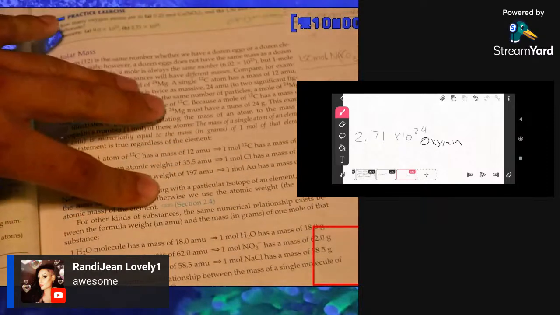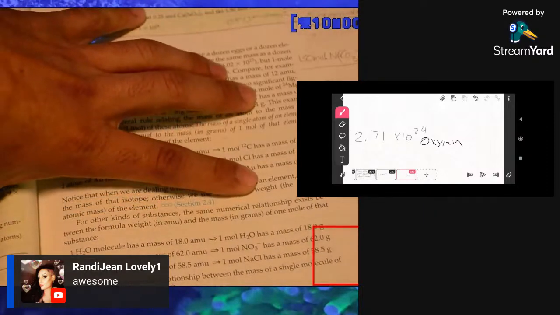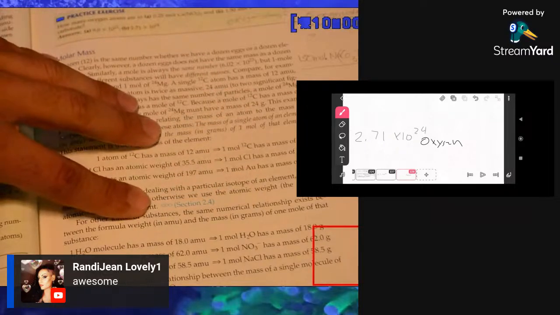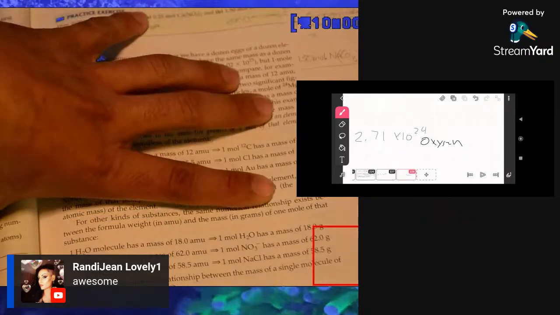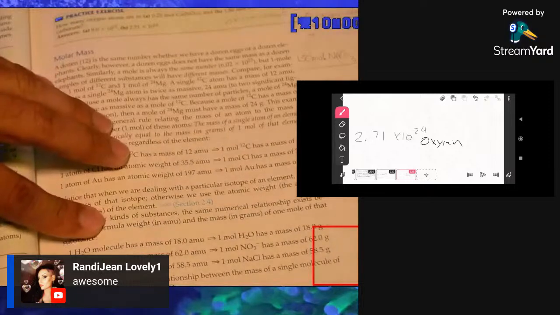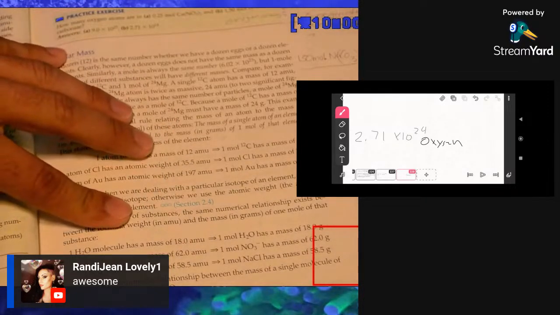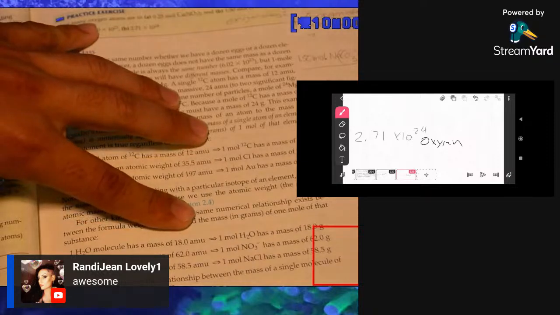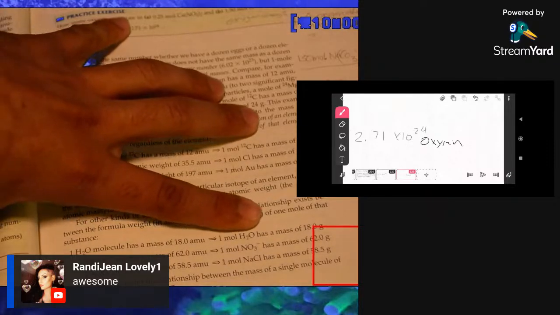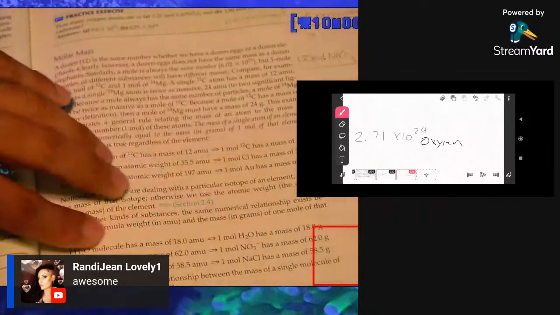For compounds, the same numerical relationship exists between the formula weight in AMU and the mass in grams of 1 mole of that substance. One water molecule, one H2O molecule, has a mass of 18 AMU. 1 mole of H2O has a mass of 18 grams.